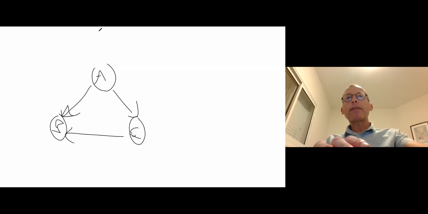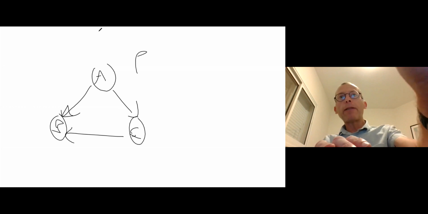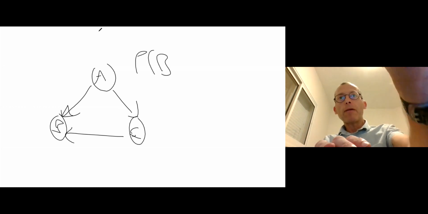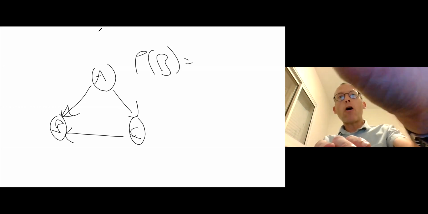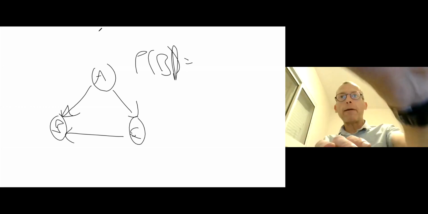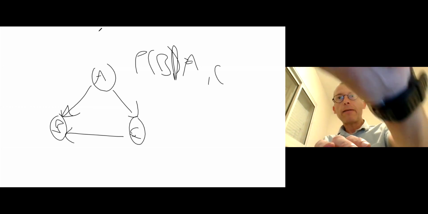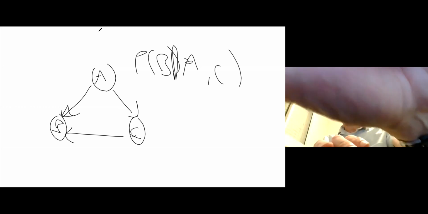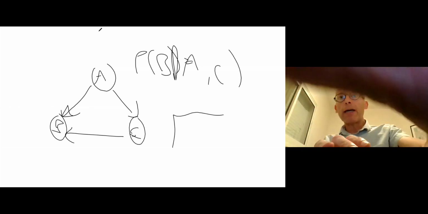In this case, B has two parents, so we need the probability of B conditioned on its two parents, which are A and C. And so in that case, we need a four-way table, right?